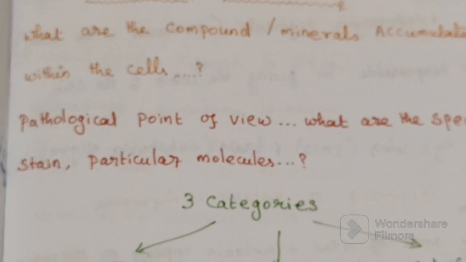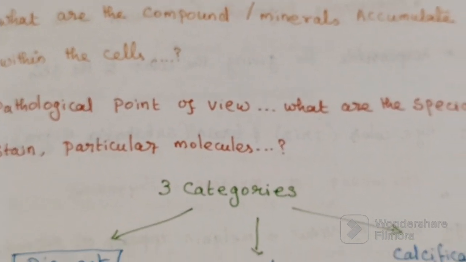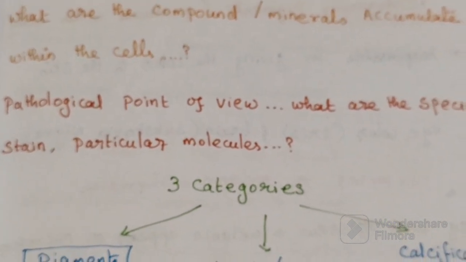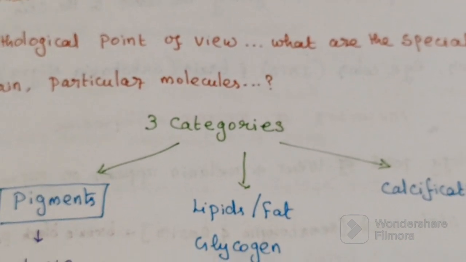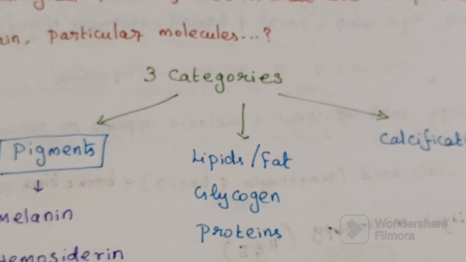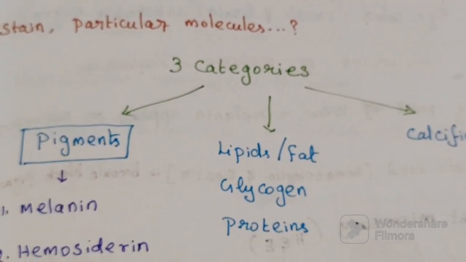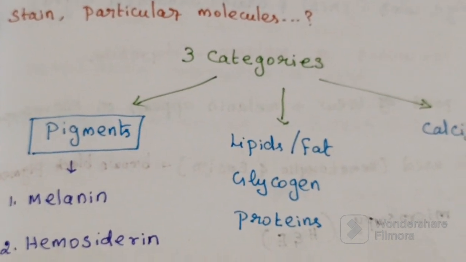First, let's enumerate all the substances that can accumulate within the cell. We are going to describe each one. So, what intracellular accumulations are possible? Intracellular accumulation is broadly categorized into three. The first one is pigments.